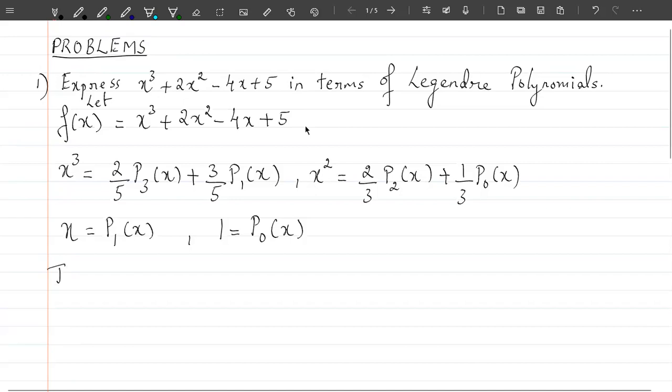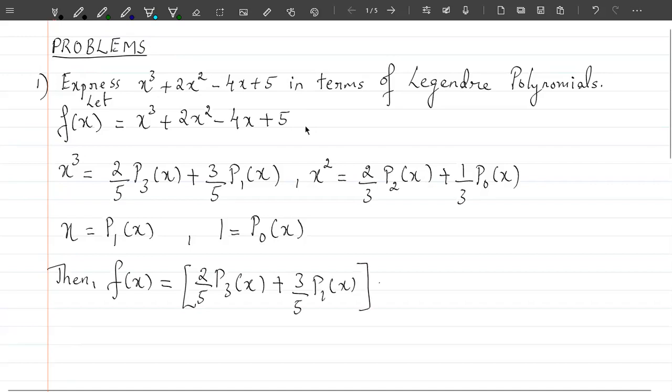So let's see what will be the value of f of x now. F of x is equal to, put the values, x cube is 2 by 5 p3 of x plus 3 by 5 p1 of x, plus 2 into x square, that is 2 into 2 by 3 into p2 of x plus 1 by 3 into p0 of x.